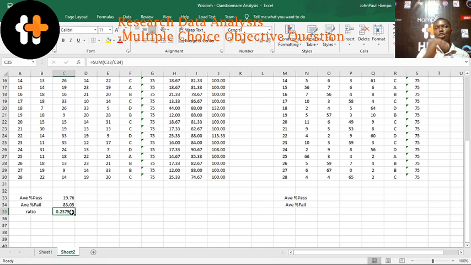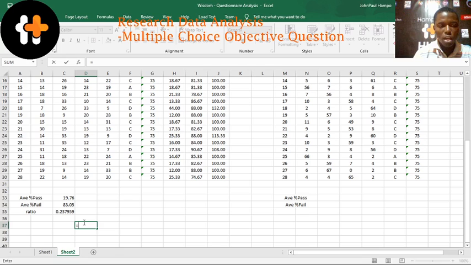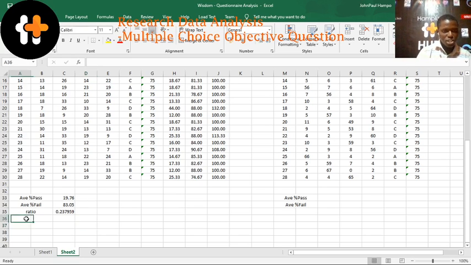So to make them uniform, we simply divide the ratio by 10. So we can call this significance.